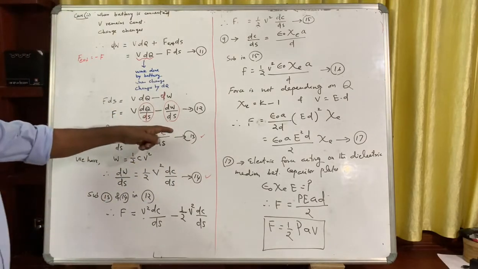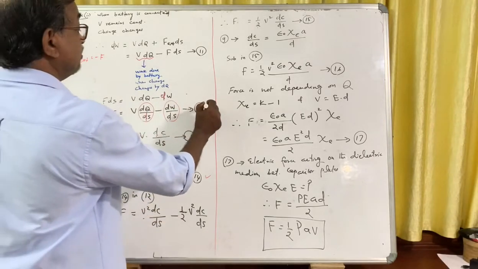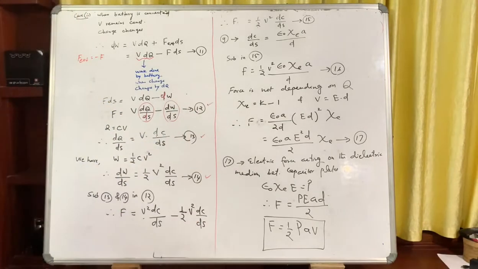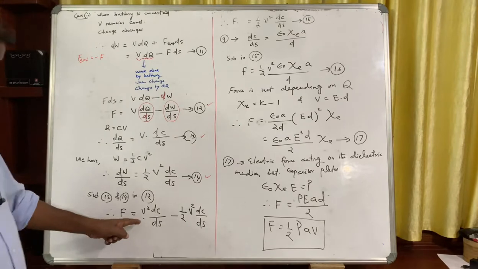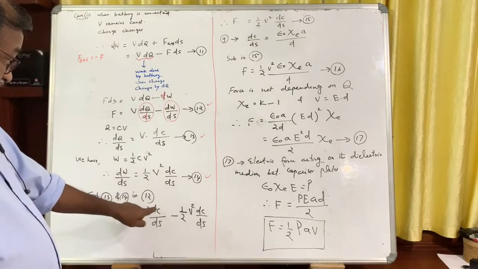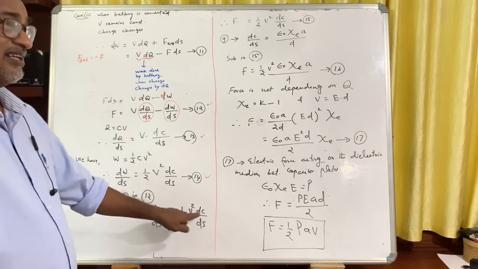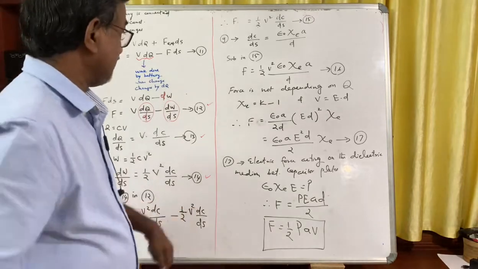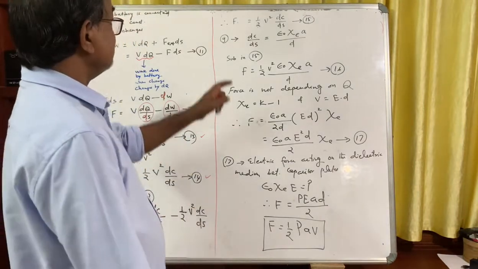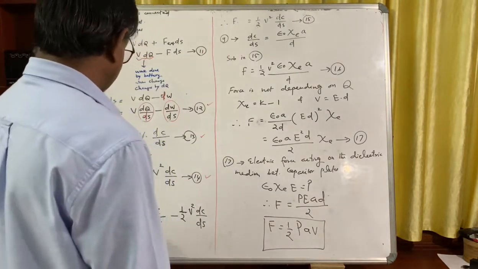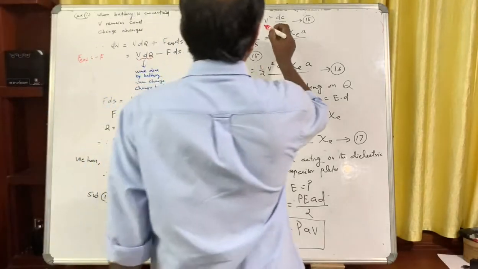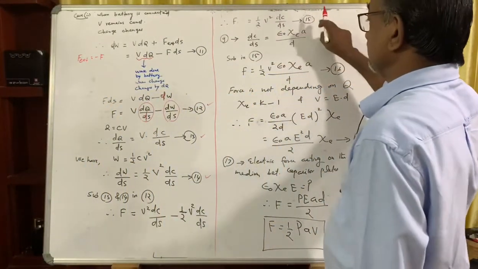So substituting this 13 and 14 in this equation 12, we are getting F is equal to V square dC by dS minus half V square dC by dS. And therefore F is equal to half V square dC by dS, equation 15.